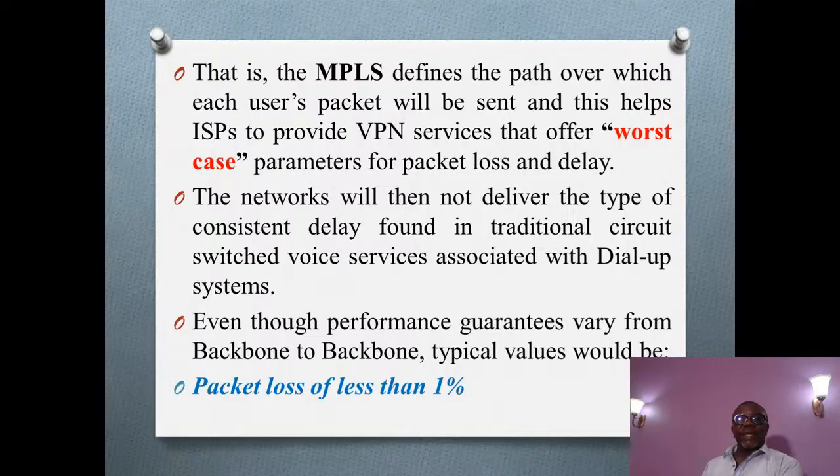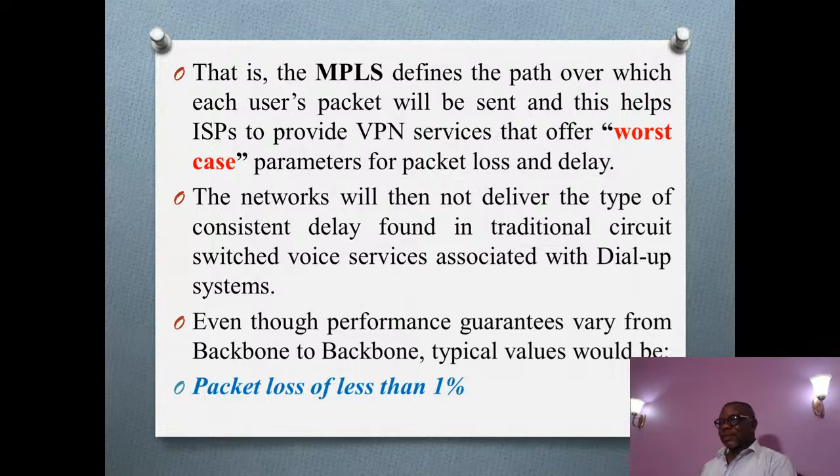That is, the MPLS defines the path over which each user's packet will be sent, and this helps the ISPs to provide VPN services that offer worst-case parameters for packet loss and delay.